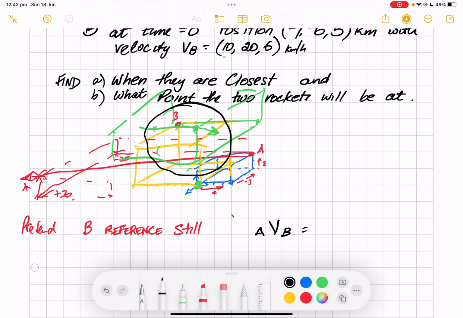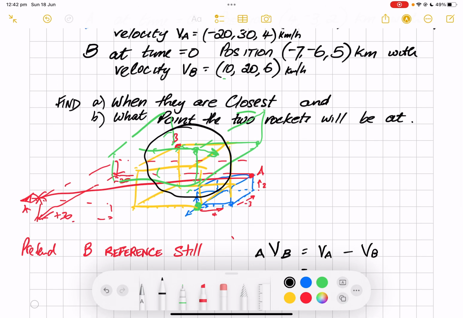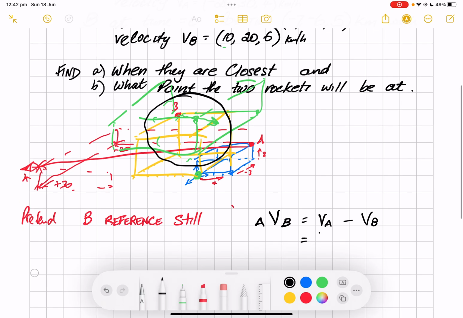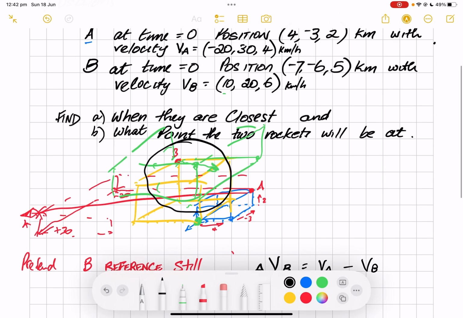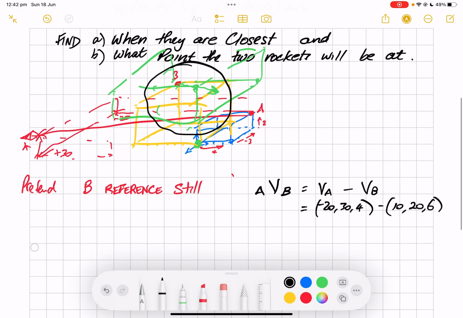The velocity of A relative to B will be the velocity of A, take away the velocity of B. So the velocity of A is negative 20, 30, 4, take away the velocity of B, 10, 20, 6.